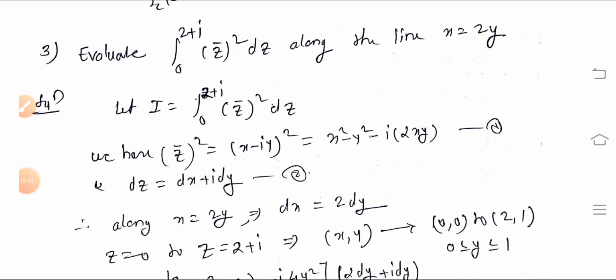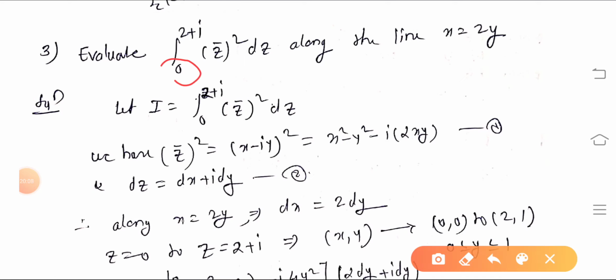Now along the line x equal to 2y, this implies that dx equal to 2 dy, and here the given range, that is z from 0 to 2 plus i, means x comma y varies from 0 comma 0 to 2 comma 1.